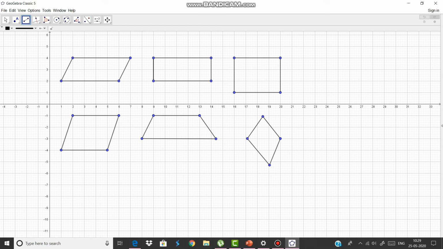Similarly, for parallelogram and square, the property of the parallelogram is completely fulfilled by the property of the square. Two pairs of opposite sides equal and parallel. Here also, so a square is also a parallelogram. Similarly, a rhombus is also a parallelogram, because the property of the parallelogram is completely fulfilled by the property of the rhombus.